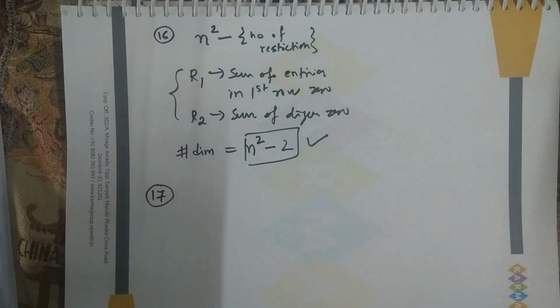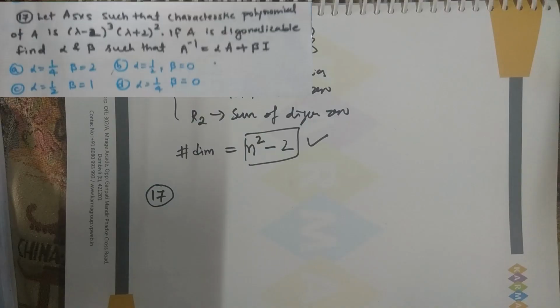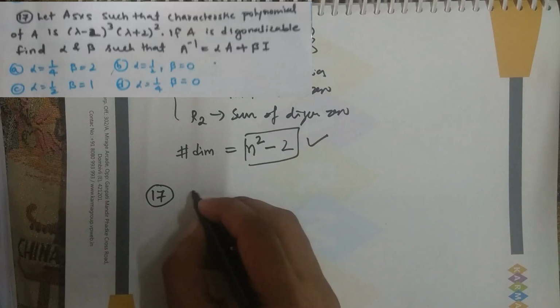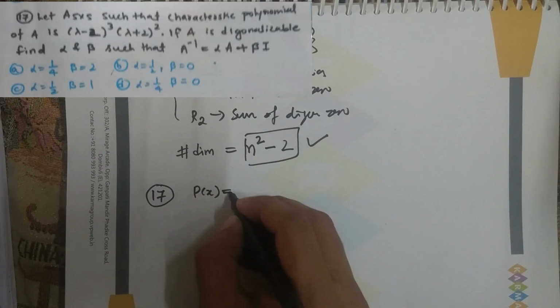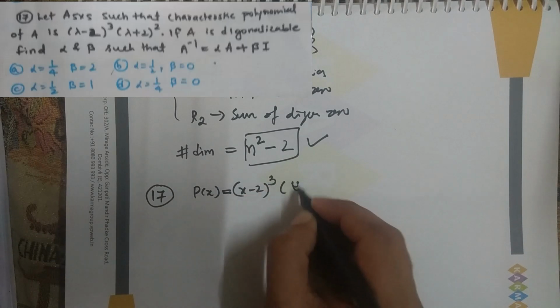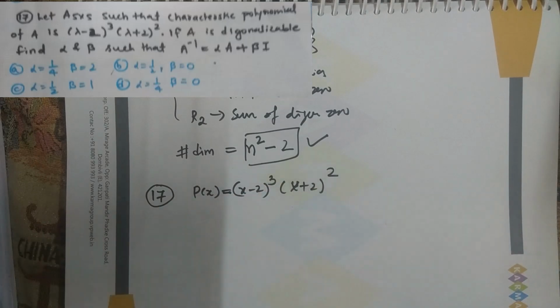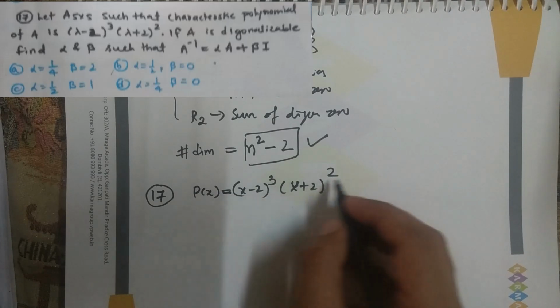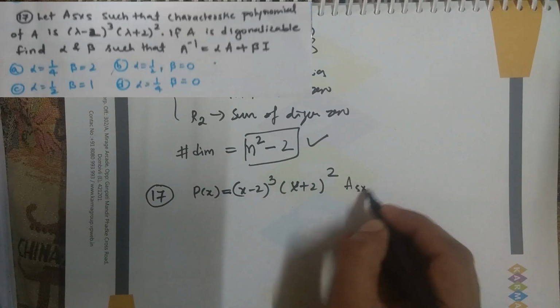Question number 17. In this question, they have given a matrix A whose order is 5 cross 5 and whose characteristic polynomial is x minus 2 cube and x plus 2 square. So the dimension of this matrix A is 5 cross 5.